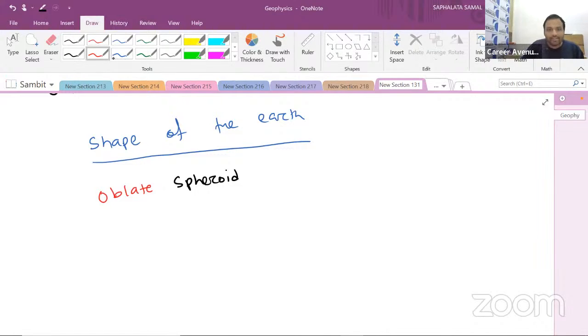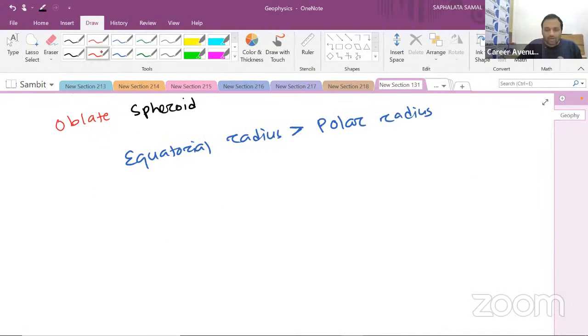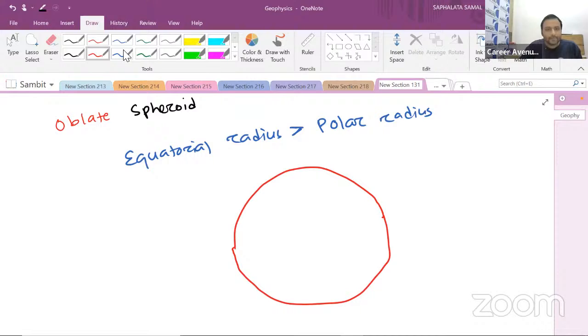So our equatorial radius is equal to how much? 6772 or something like this. Basically the equatorial radius is more than the polar radius, isn't it? So if I draw the Earth shape, oblate spheroid, this is the equator.